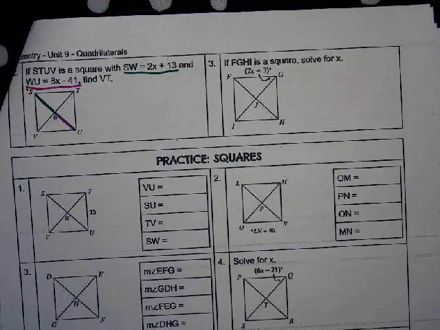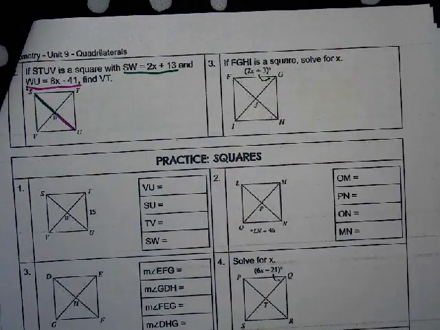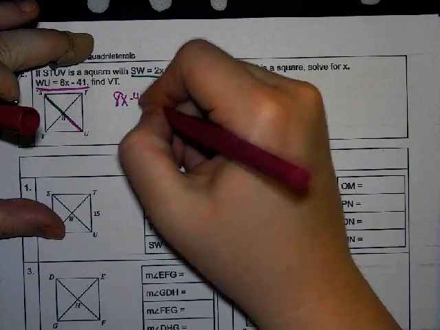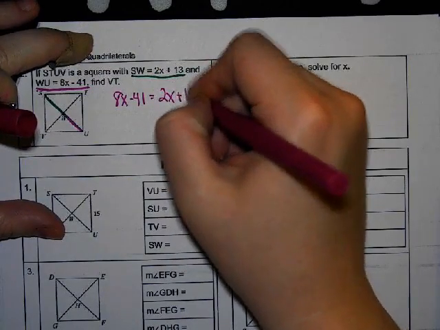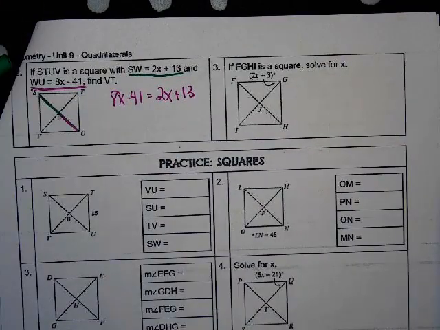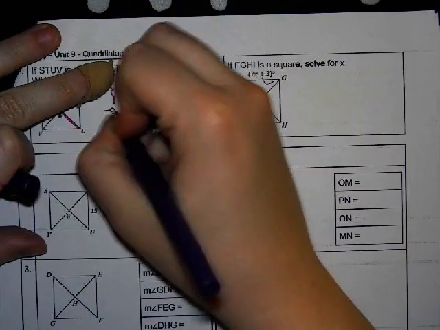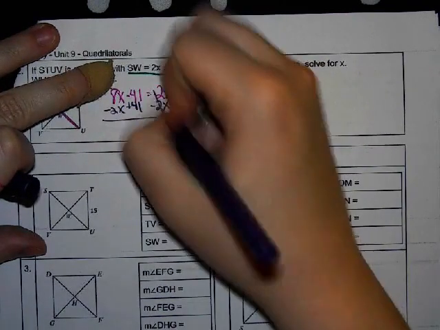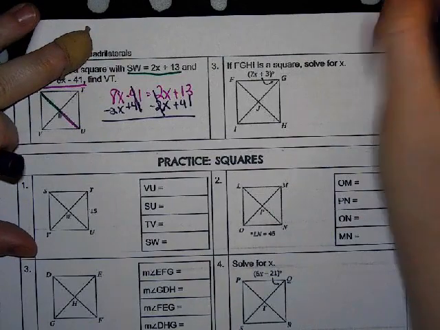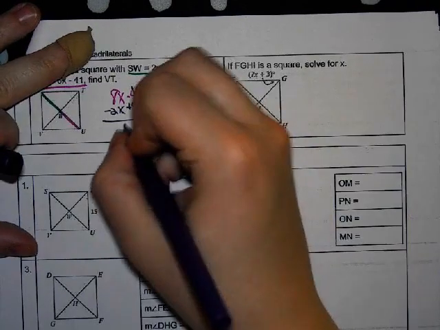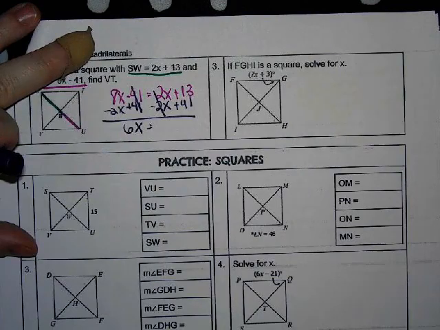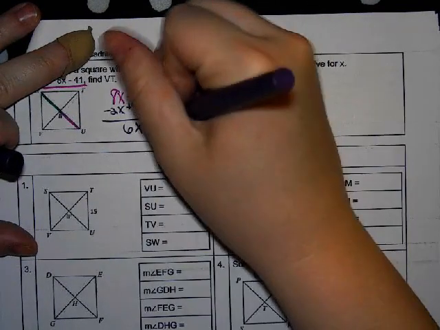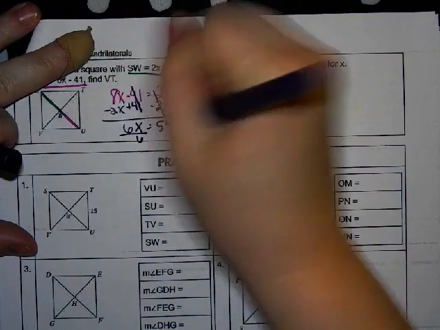So I'm just going to set this up with the bigger x on the left side and solve for x. Now when I solve for x, I'm going to subtract the 2x to undo it from one side and add the 41 to move it to the other side. That leaves me with 8x minus 2x, which is 6x, equal to 13 plus 41, that is 54. When I divide both of those, x would give me 6.